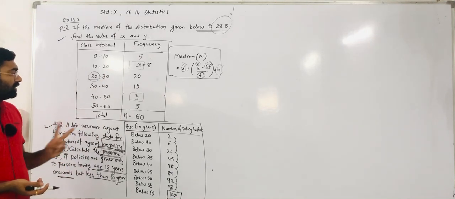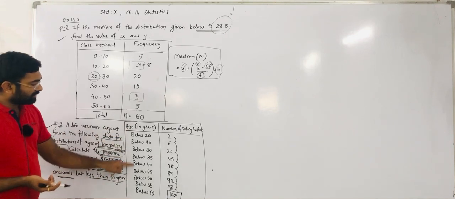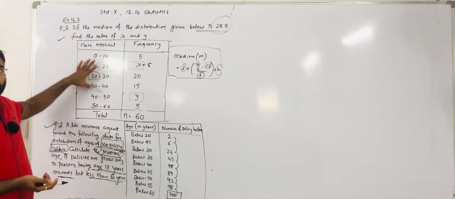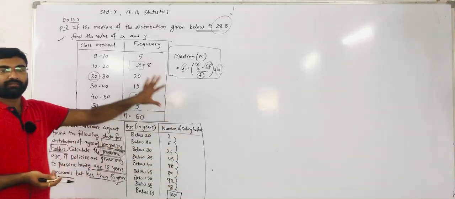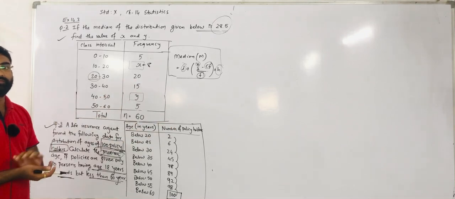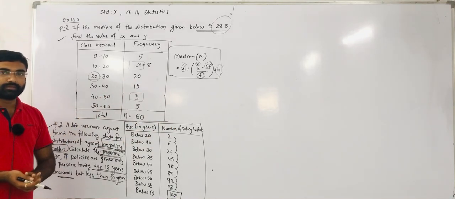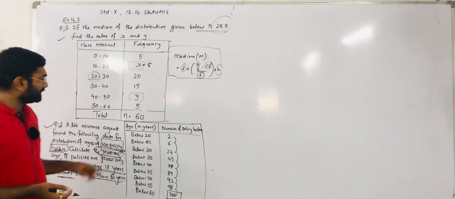So two things you have to learn in question number 3. First, how we can rewrite the given classes in a group form. Another thing, how we can write the cumulative frequency from the frequency, and from the cumulative frequency, how we can write the frequency. Those two things we have to learn. Then after that we can find the median easily. So we have to rewrite that table.